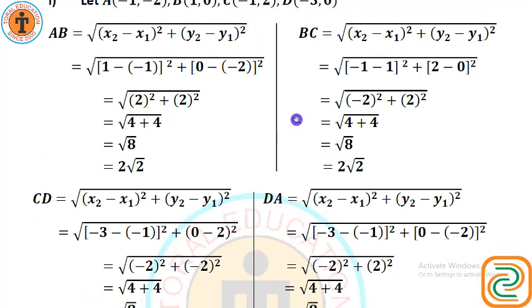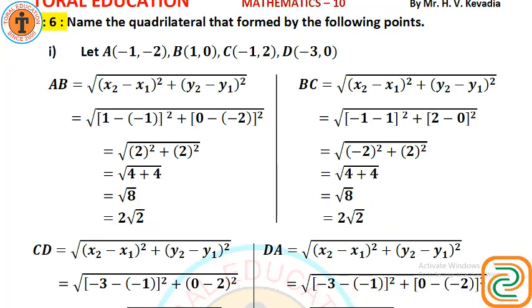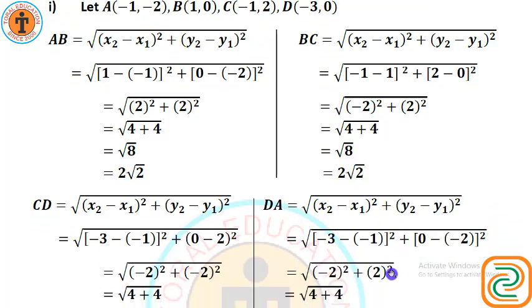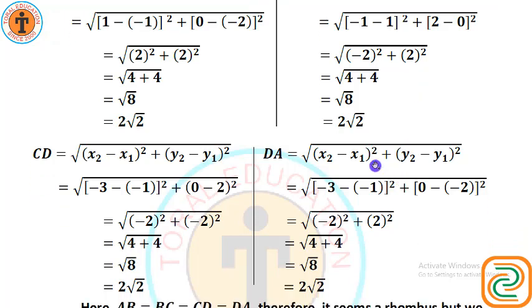Similarly DA: when we see DA, then A is x2 and this is x1. Minus 1 minus minus 3 whole square, minus 2 minus 0 whole square, right? You can write x1 minus x2 whole square or x2 minus x1 whole square, no matter.